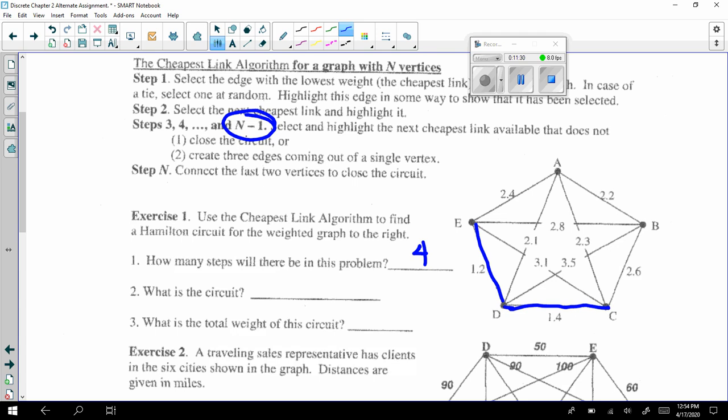All right, so I can't do 2.1, but I can do 2.2 because it's all by its lonesome all out here. And I can do 2.3. That gives both this and this 2 edges. So my last thing is I have to close the circuit, so I go right here. All right, so that one's not too bad. If I start at E, it goes from E, B, A, C, D, E, and I believe it has a distance of 9.9.